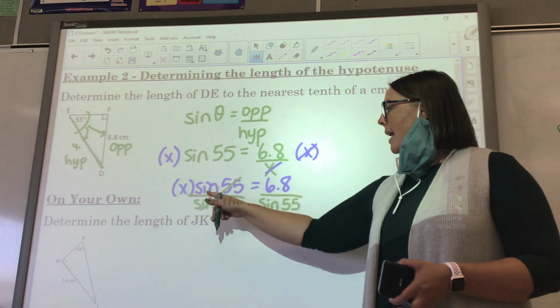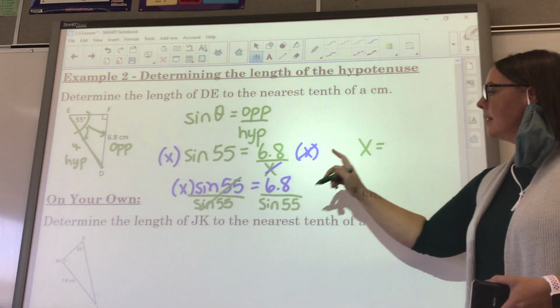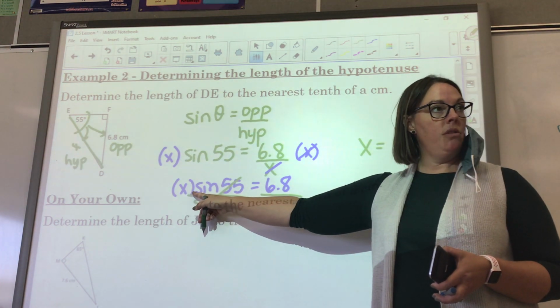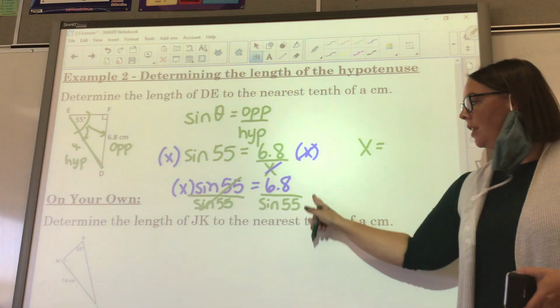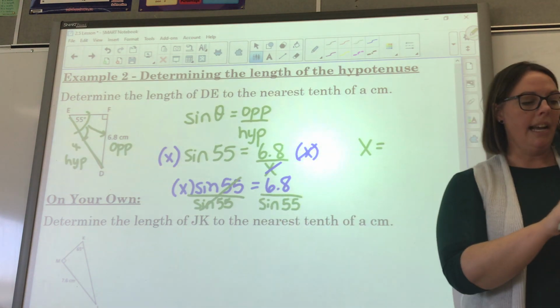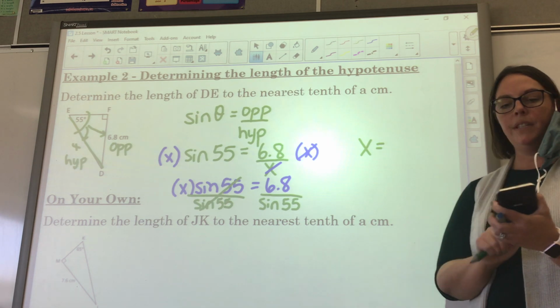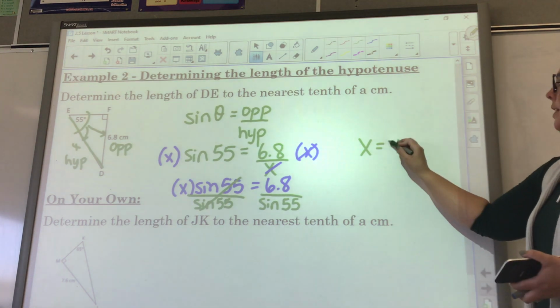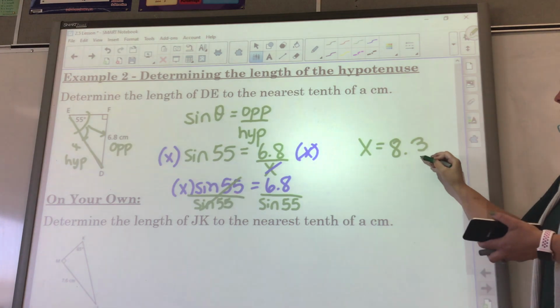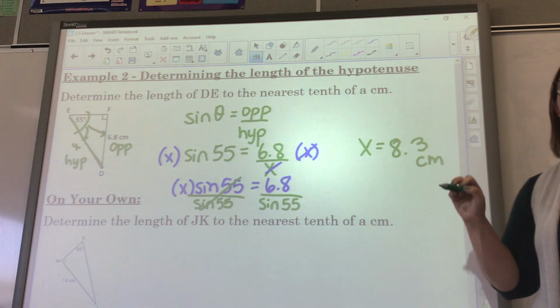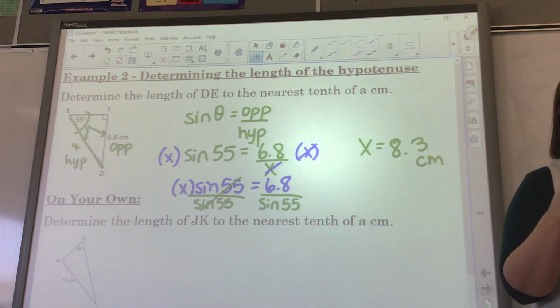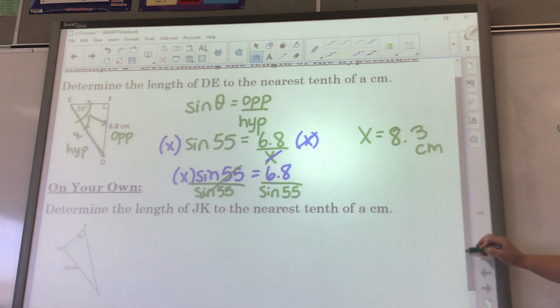I ran out of room, but that isolated x, now x is alone, and x is equal to whatever this becomes. So on your calculator, it's 6.8 divided by sine 55. To the nearest tenth, you should get 8.3 centimeters. Yeah? Okay, do this one down here on your own.